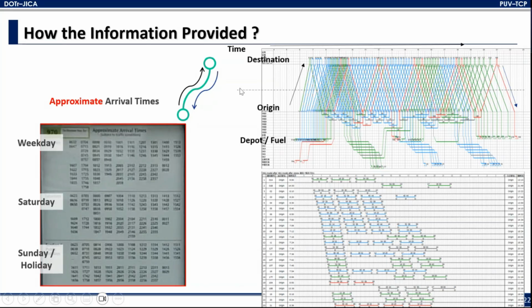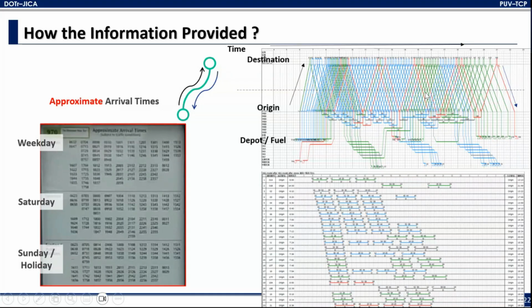When you point out the times at which the bus passes or stops at these bus stops, you can draw the estimated approximate arrival times for this bus stop.